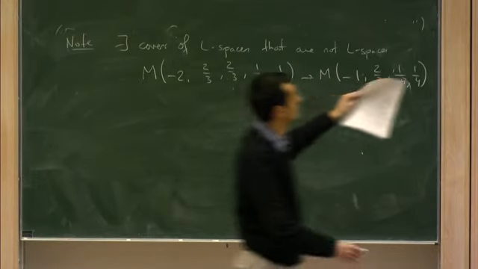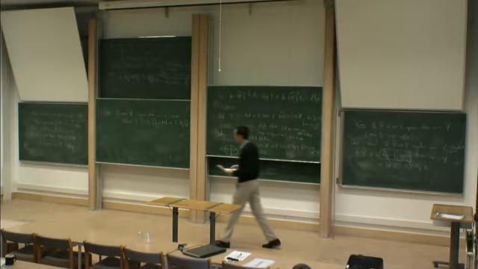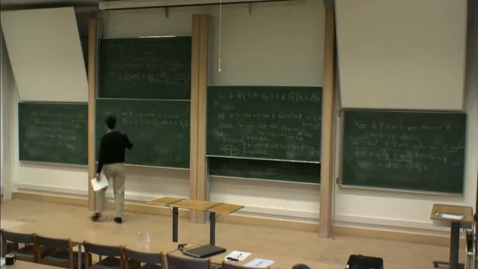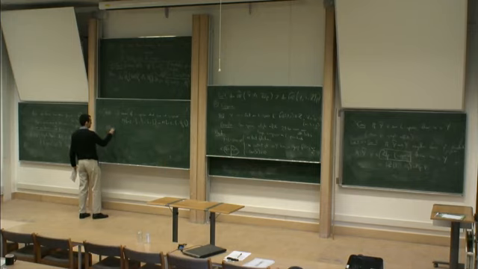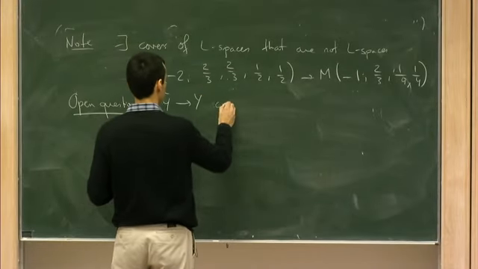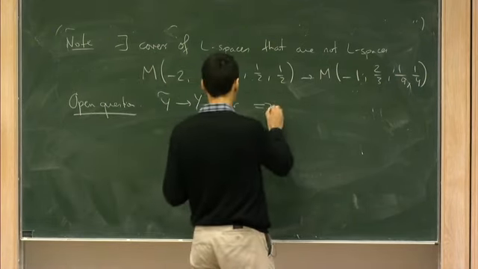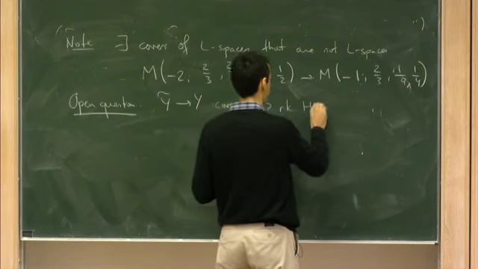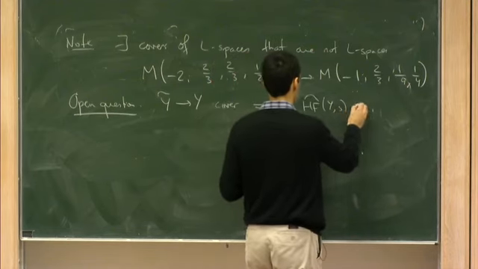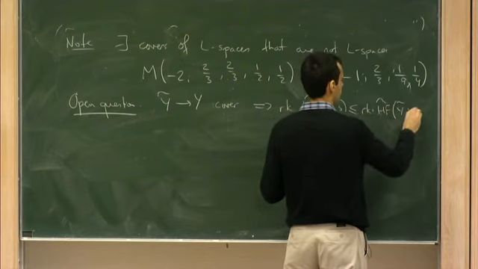Our corollary is stronger than the question about L spaces, so you could ask a stronger version of this conjecture, which I'm less confident is true, but it might be true. So, open question: if Y tilde is a cover, is it true that the rank of HF hat of Y in spin-c structure s is less than or equal to the rank of HF hat of Y tilde in phi star of s?